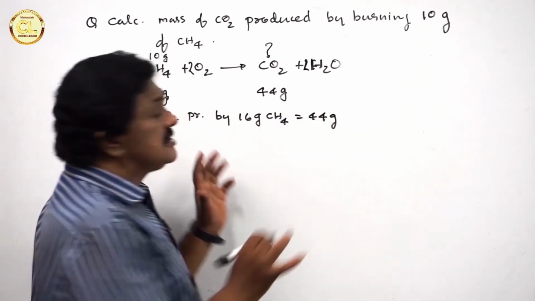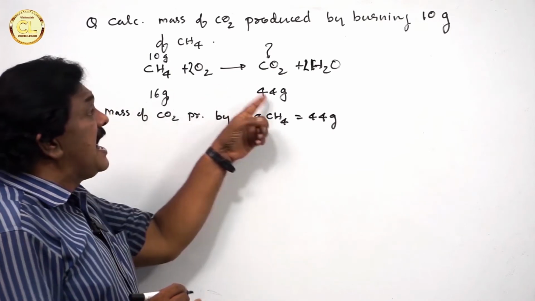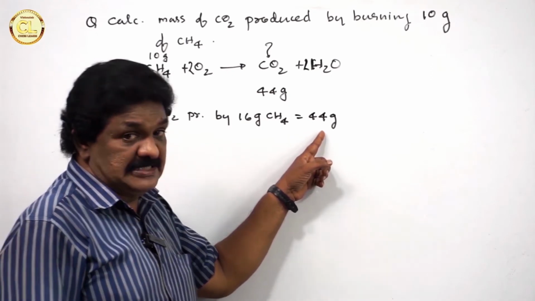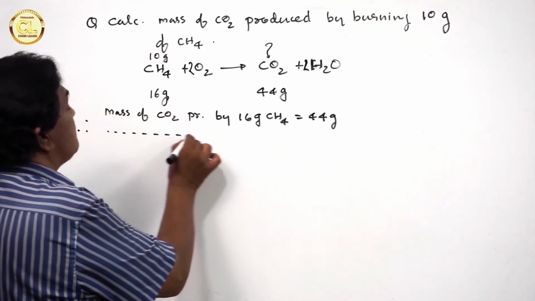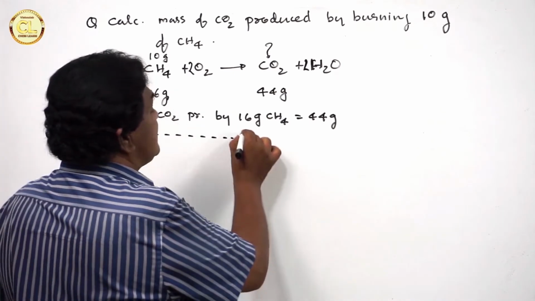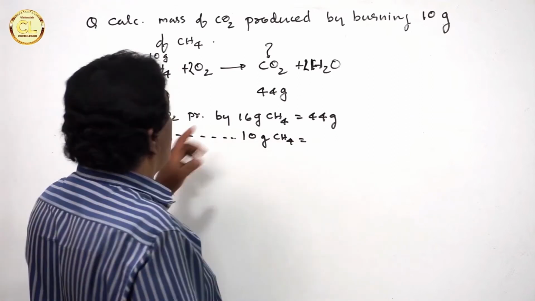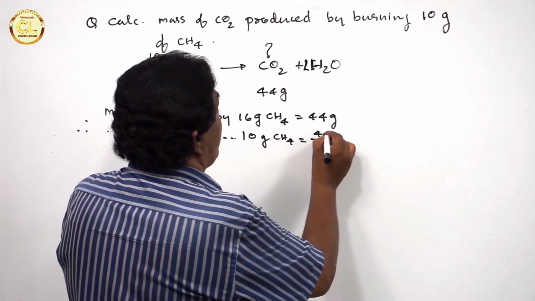That is according to the stoichiometry of the equation. The mass of carbon dioxide produced by 16 gram of methane is 44 grams. Therefore, the mass of carbon dioxide produced by 10 gram of methane is equal to, see, 16 can produce 44, am I right?